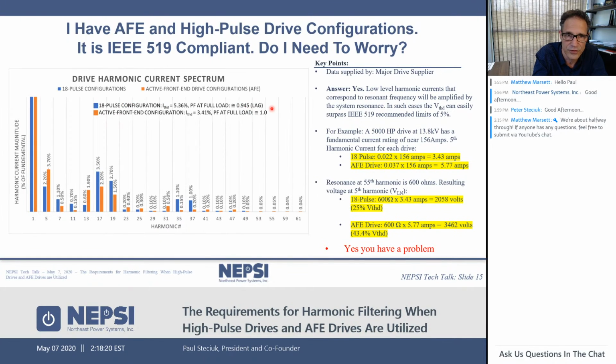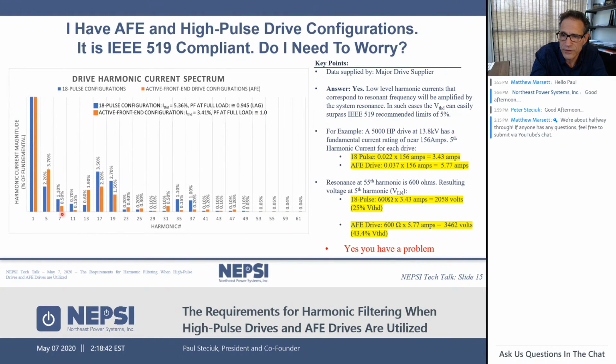One of the things that's interesting to note is the 18-pulse configuration has about a 0.95 lagging power factor. The active front-end has a near 1.0 power factor. So you do not need to add capacitors for the active front-end drive to get the unity power factor, but you may have the balance of the plant to worry about.